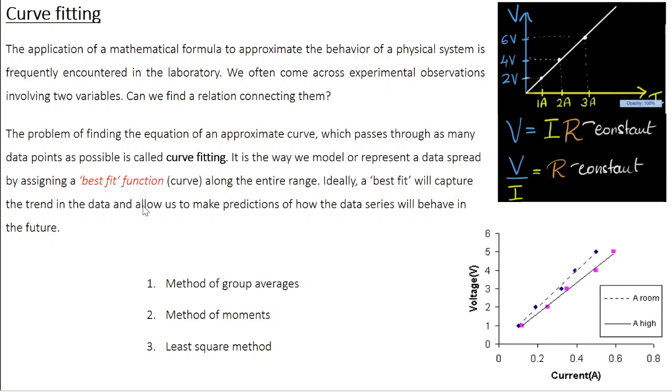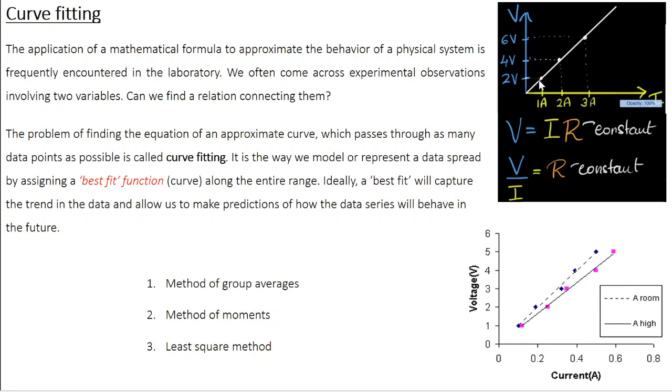Second, it also allows us to make predictions of how the data series will behave in the future. For example, here I have information only up to 6 volt. What happens at 8 volt? I do not have the experimental data for it.